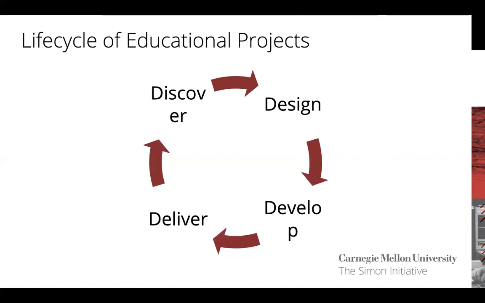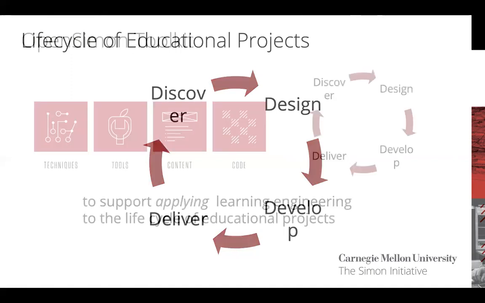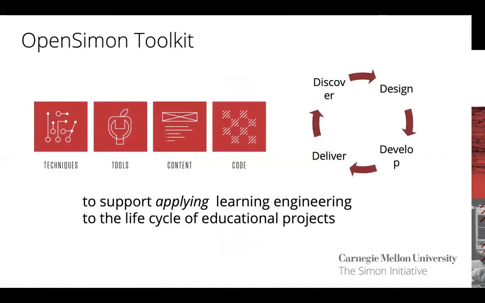And so our goal with the OpenSimon Toolkit is to be able to provide a set of techniques, of tools, of content, and of the underlying code that can support this application of learning engineering across the entirety of this life cycle. And I think an awful lot of attention when we made our initial announcement about the toolkit has been on the code side.